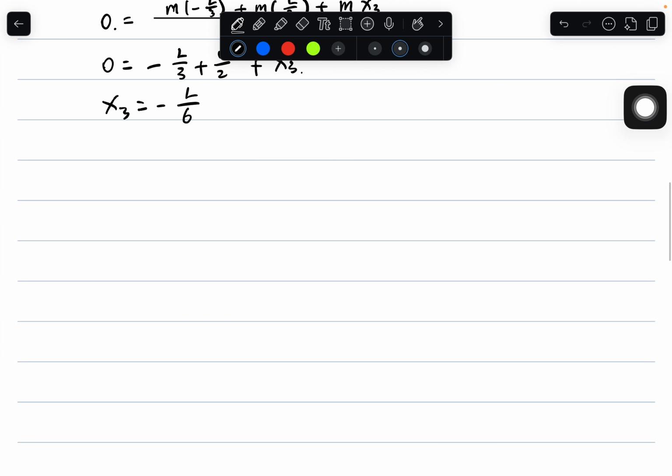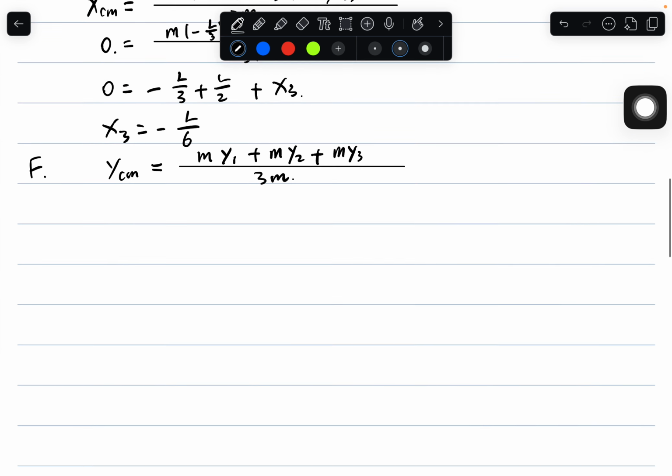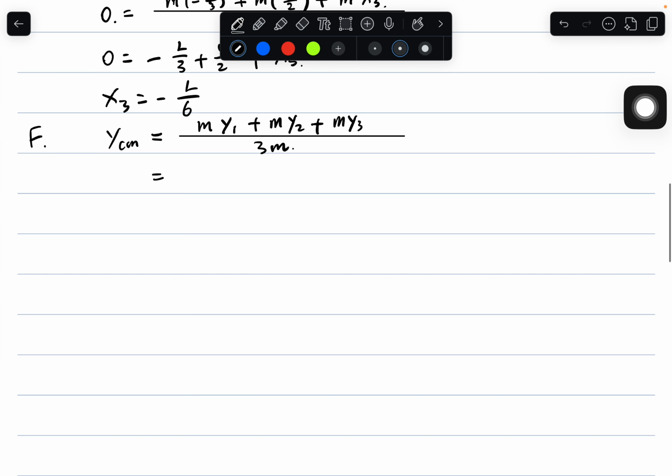And now we have the part that asks for the y coordinate. The same thing. The center of mass equals m y1 plus m y2 plus m y3 over 3m. Now we plug in the numbers.